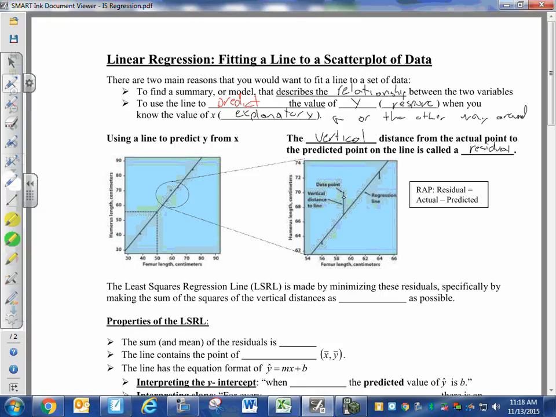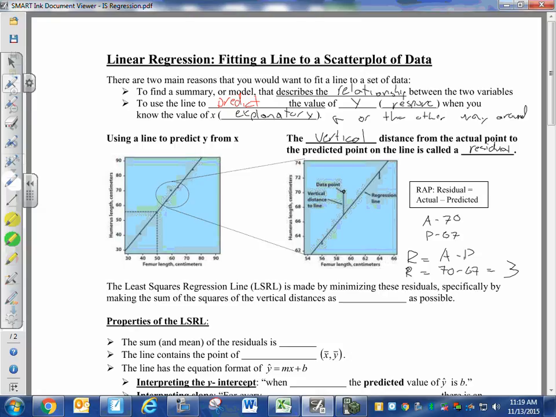It's the distance between an actual point and the line of best fit. In this situation, the actual is located at 70, whereas the predicted is like 67. The residual is equal to your actual minus your predicted. In this situation, your residual would be 70 minus 67, which is 3.